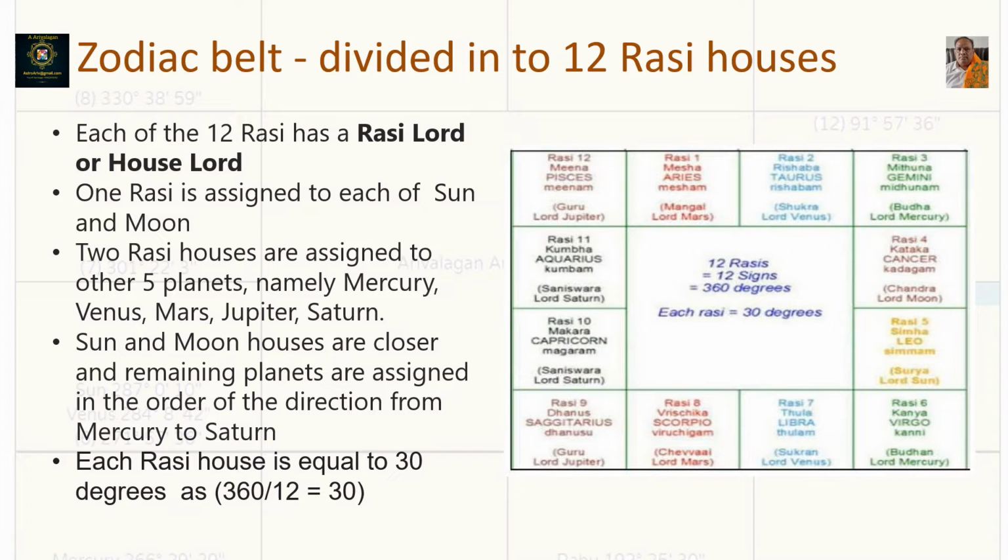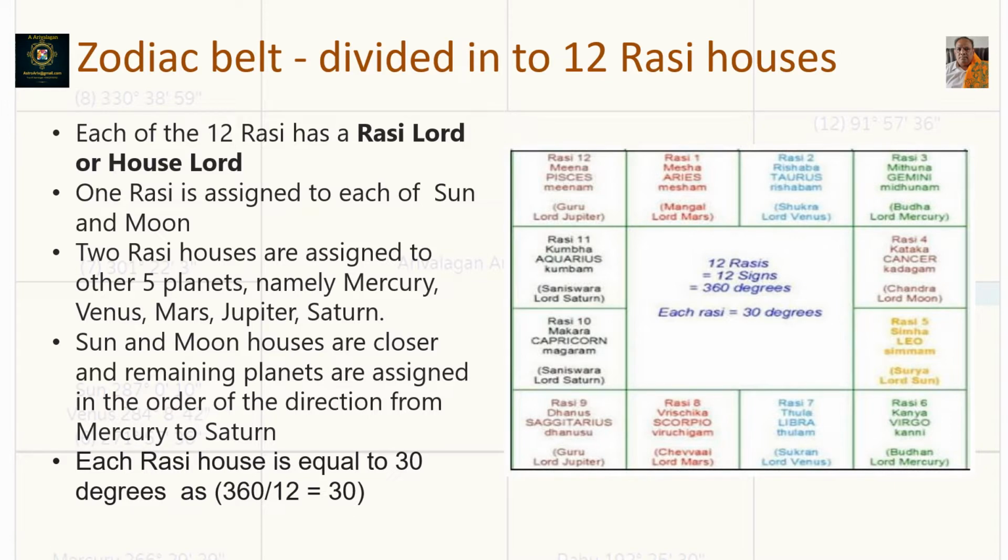Meena Rasi and Dhanusu Rasi are owned by Jupiter, and Makara Rasi and Kumbha Rasi are owned by Saturn. So this is the allocation of ownership.